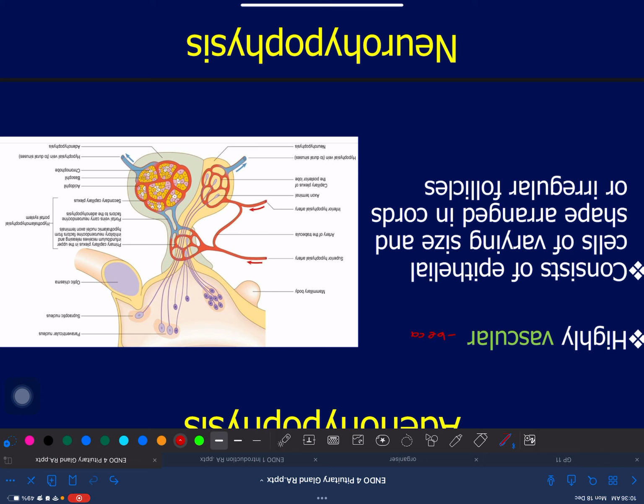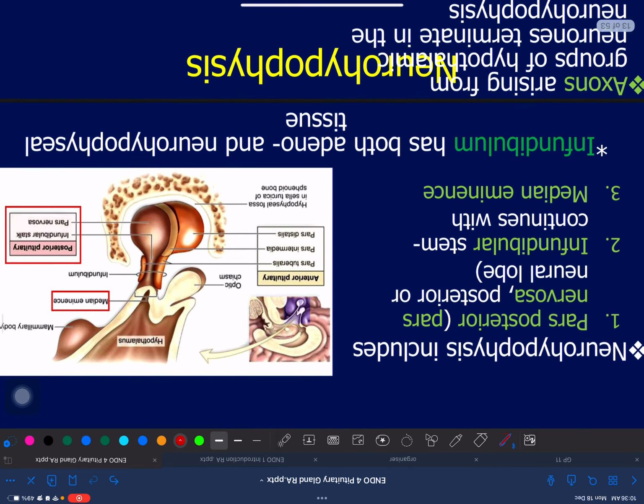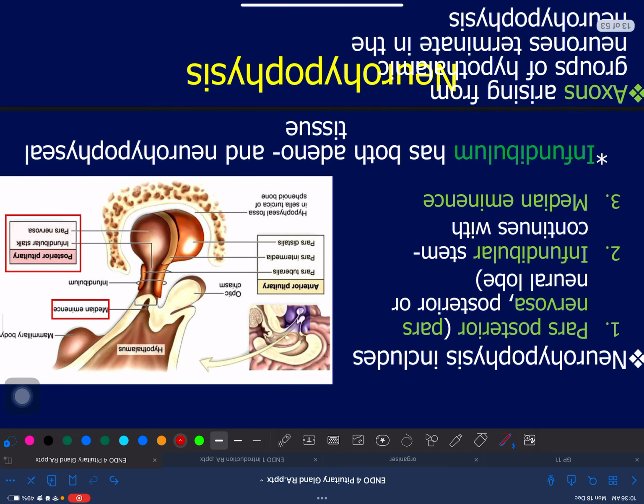Then the neurohypophysis: pars posterior or pars nervosa, also called the neural lobe. Then the infundibular stalk, or infundibular stem, which continues with the median eminence. This is the median eminence, still a part of the posterior pituitary.